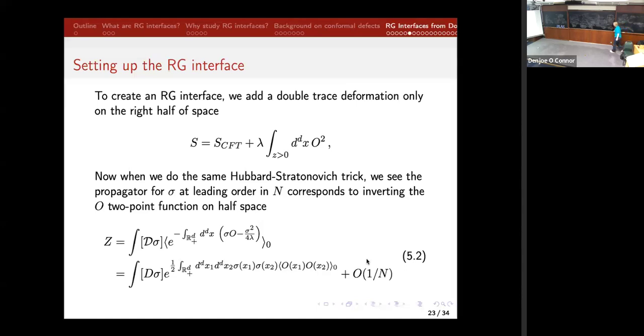I should have defined this: R plus to the d is just R^d with z greater than 0.